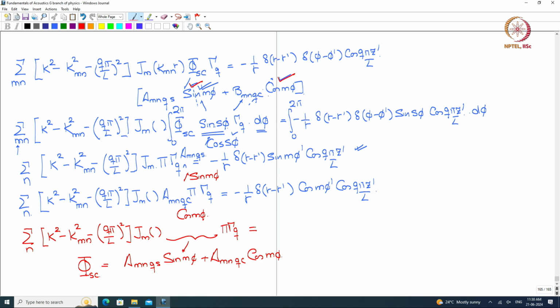On the right I will get minus 1 over r delta r minus r dash cos of m phi minus phi dash into cos q pi z dash by L.